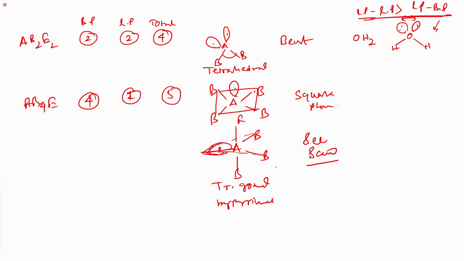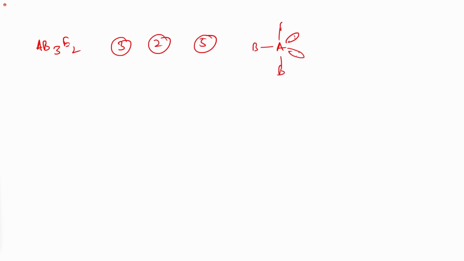But another, if you see this example, this is a very important thing. When it is AB3E2, bonded pair equal to 3, lone pair equal to 2, total equal to 5. So again the structure will be: this is the 3 bonded, and the lone pairs will be 2, and this is B and this is B. The structure is the T shape.